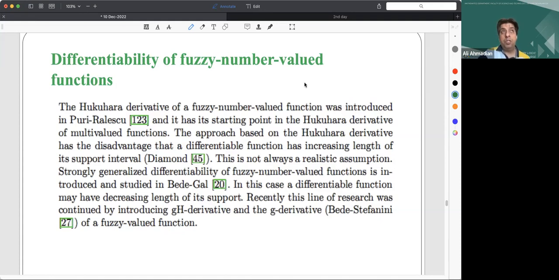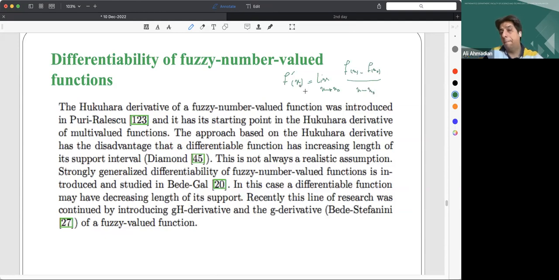Now, we want to define differentiability. At first, have a look at the definition of differentiability in calculus. This tells us that if we want to get the differentiability, it means like the limit at the point, for example, x tends to x naught, then we have f(x) minus f(x naught) over x minus x naught, at the point x naught.